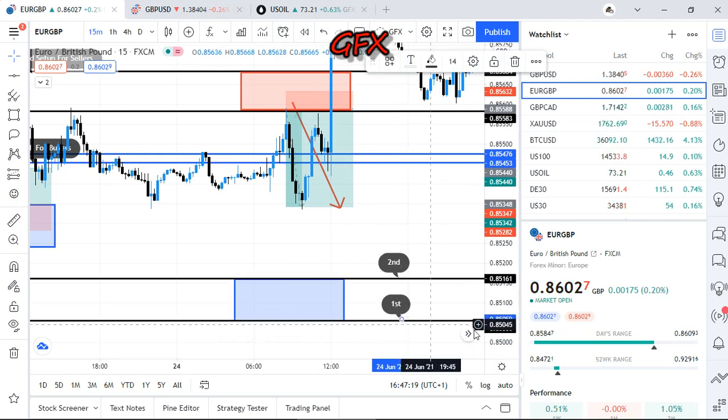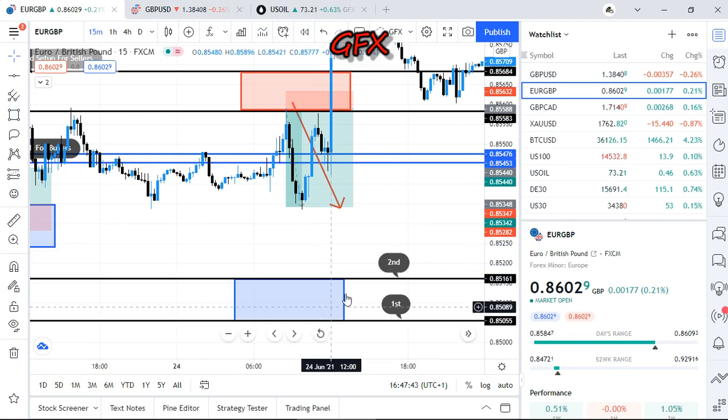I'll come in the morning and say the first line for the demand zone on Euro GBP is 0.85055, and you put your first line there. Then I'll say the second line for the demand zone is this, so you put your second line here, which is 0.85161. Now you have put your two lines.